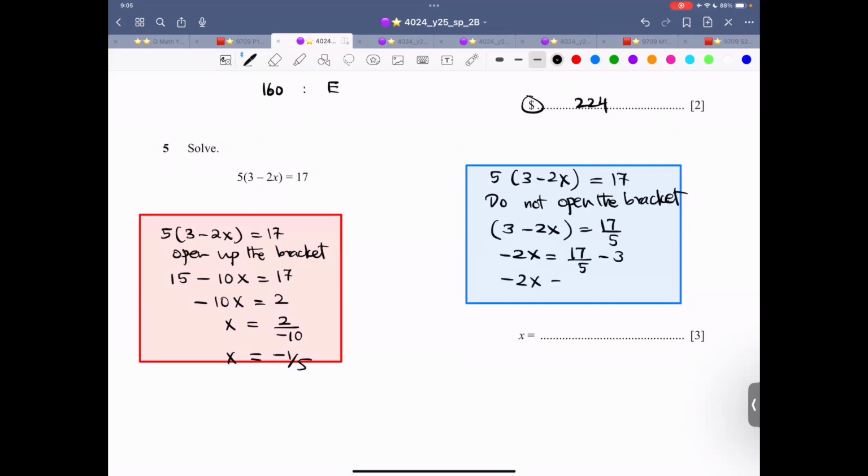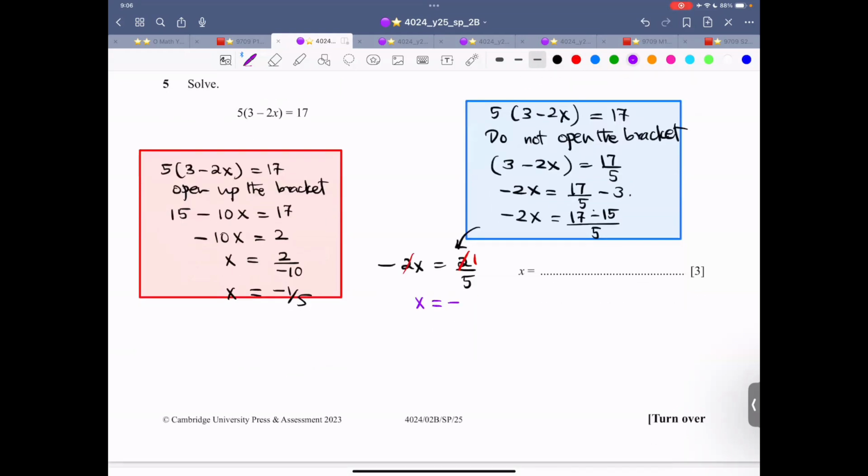Negative 2x is, 5 into 3 is 15, so this is 17 minus 15 divided by 5. Let me write over here. So negative 2x is equal to 2/5. Cancel off the 2 and the 2. I'm left with 1. So negative x is 1/5. Therefore, x is negative 1/5. That is the other way. So you can choose any which way to solve this particular question.